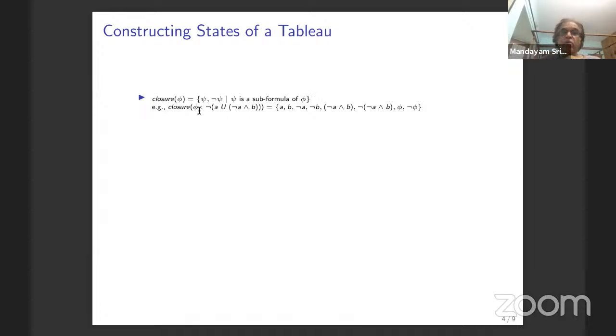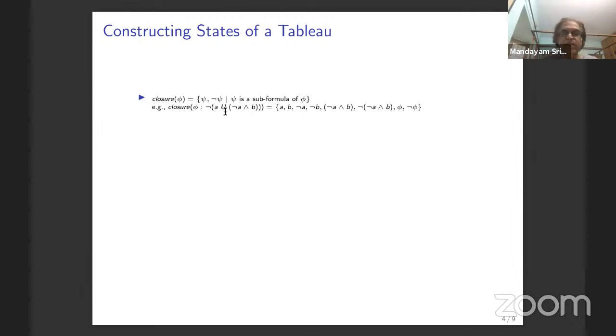So, for example, take the closure of this formula phi here. By the way, we will restrict this tableau construction to predicates and the X and U operators. You know that R and the other operators, like F and G, are derived operators.